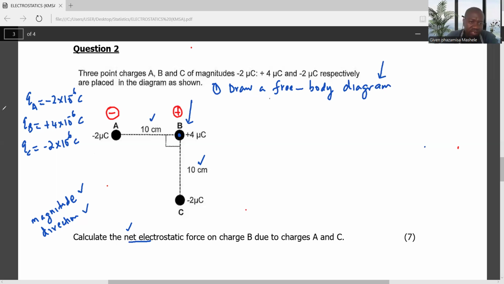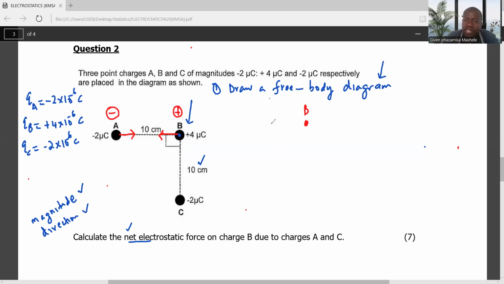There will be an attraction force between A and B, the same force but in opposite direction. So we're going to have something like this. But we are concerned with charge B, not charge A. So if we were to draw a free body diagram on charge B, it will look like this.